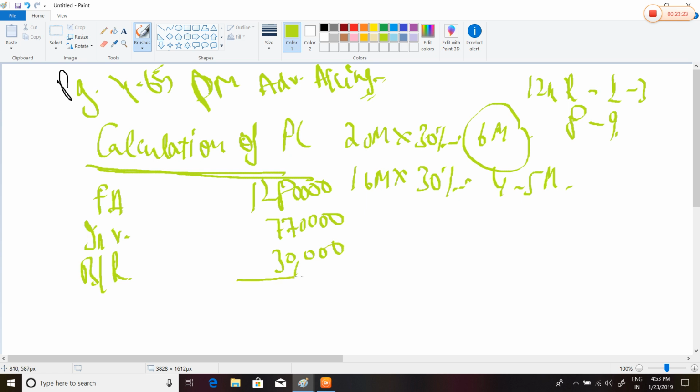The total comes out to be 20 lakh 80,000. This is our purchase consideration. They have only told us to settle these. The purchasing company is carrying over these assets only, so we take into consideration these things only.